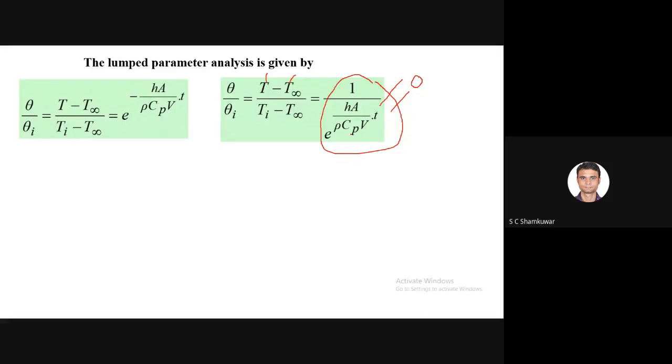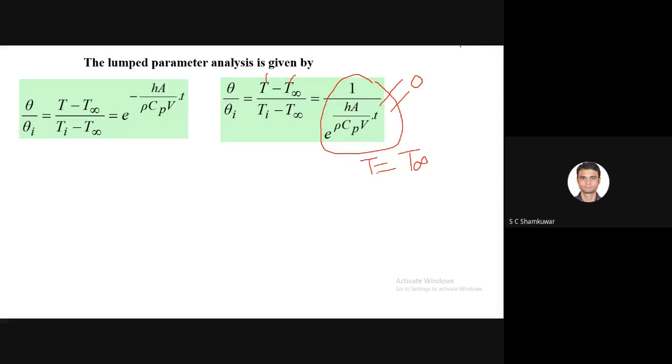If this exponential term is 0, then what do we get? T is equal to T infinity, meaning the temperature of the thermocouple at any time is equal to the temperature of the fluid. There is no lag. So how will this term be zero?